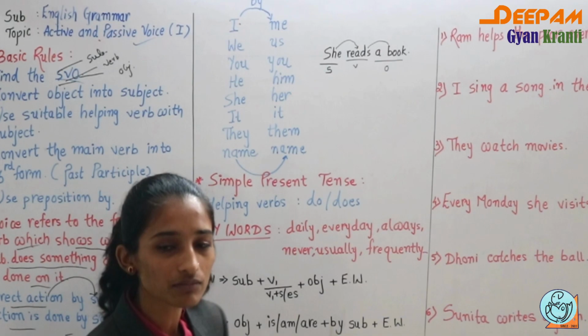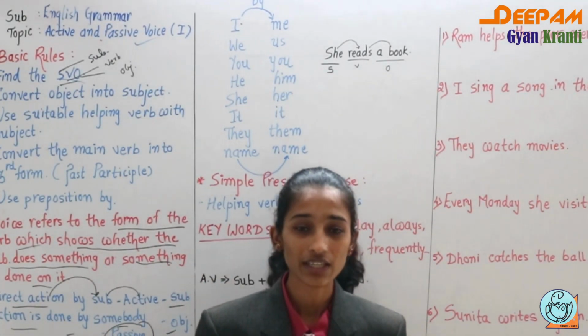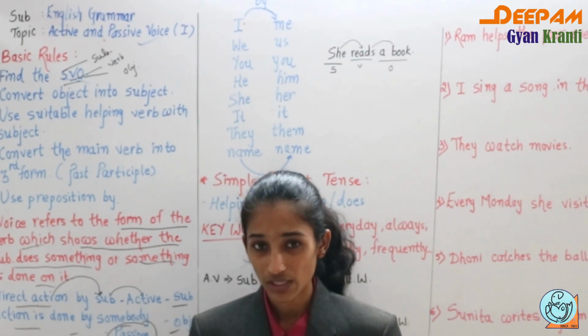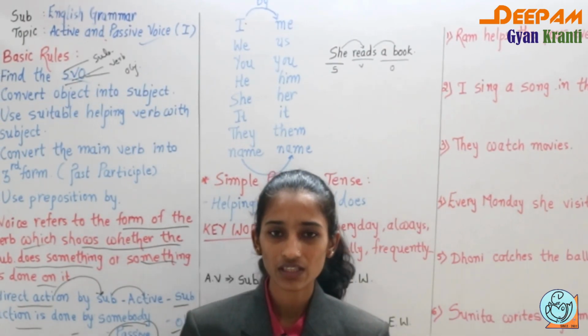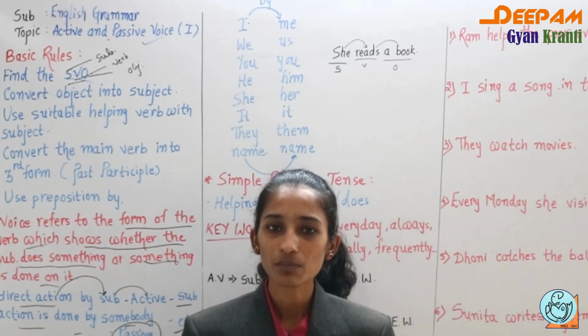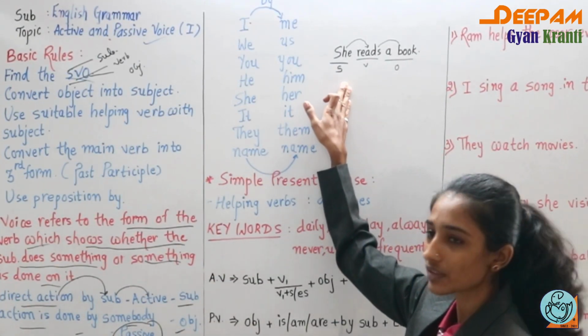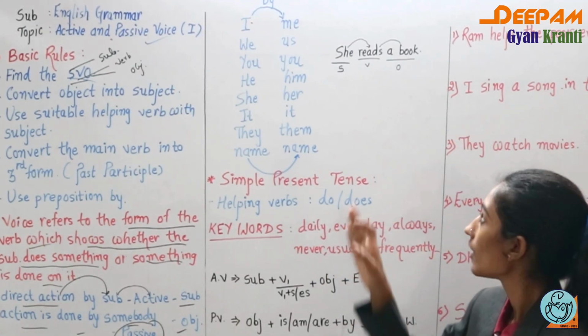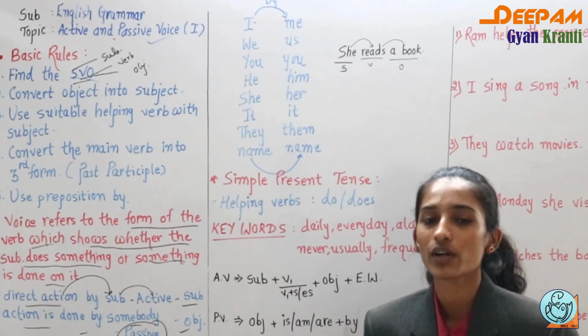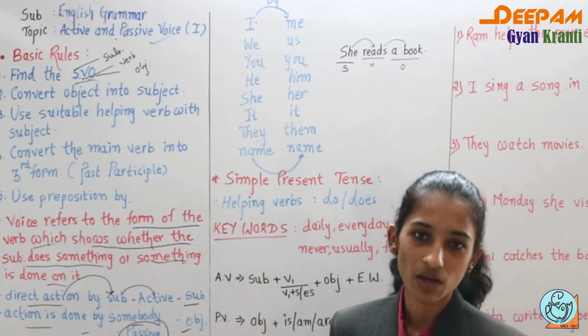Generally, not every time, but mostly the object is a non-living thing, though sometimes living things are also objects. So first you have to find the subject, verb and object. Subject means the person who does the action. Verb means action words, the type of thing you are doing, like writing, reading, jumping, singing.